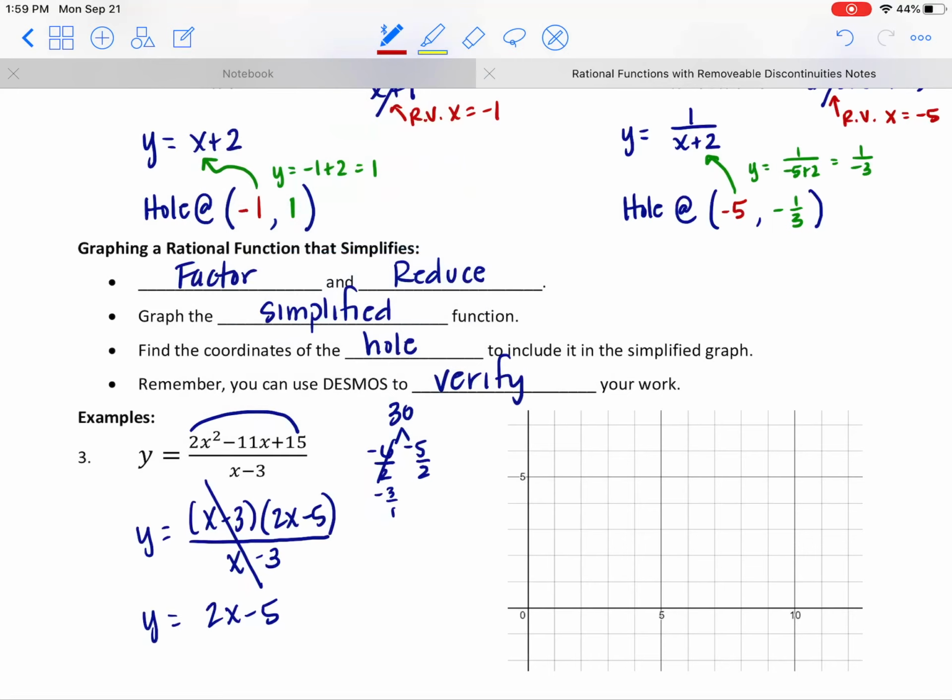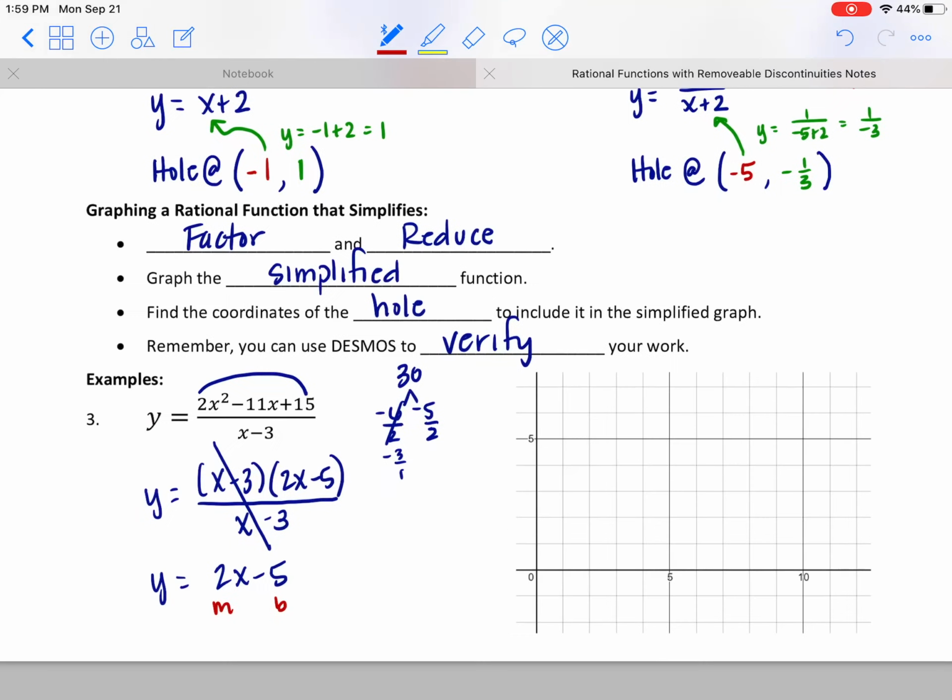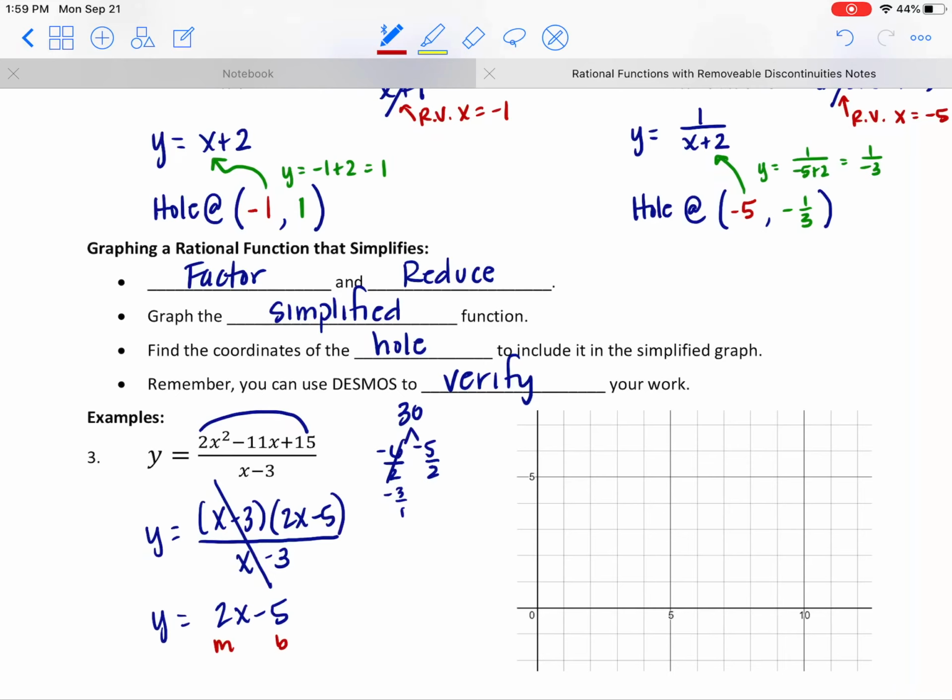Remember how to graph a line? We can use our slope and our y-intercept. Now, obviously, we have Desmos that can do this for us too, but you should be able to graph a line. So we have a y-intercept at -5, which means I did not create a good graph here.